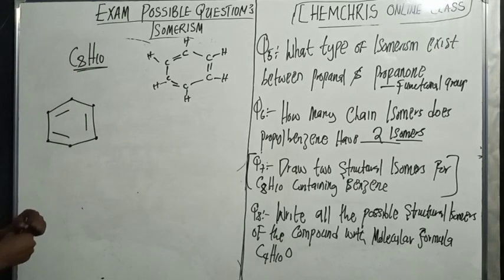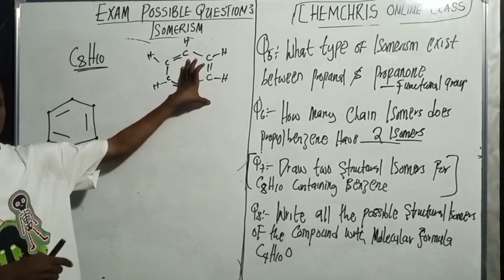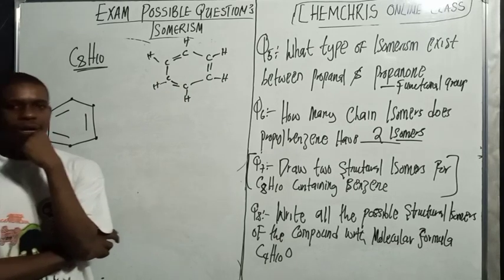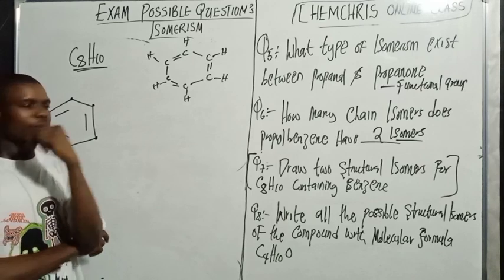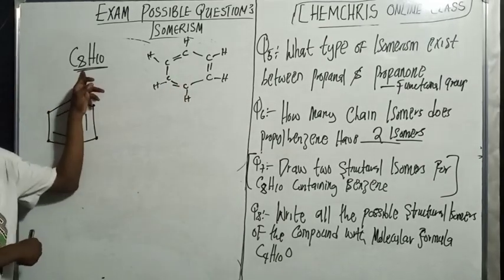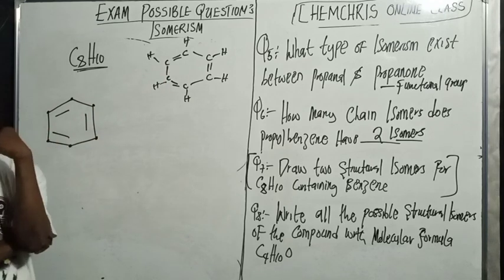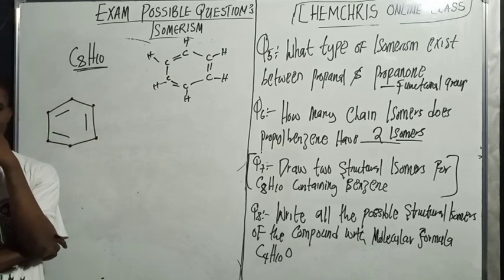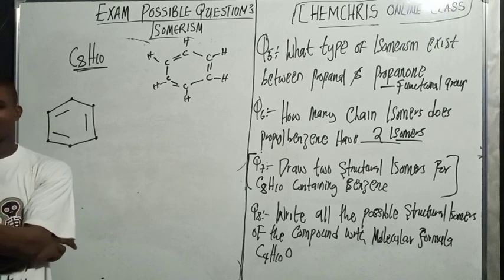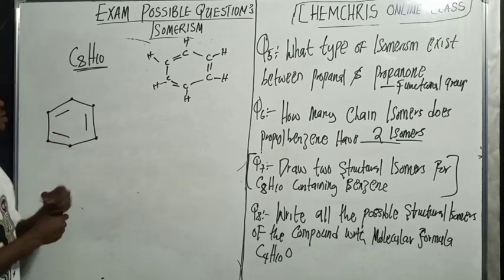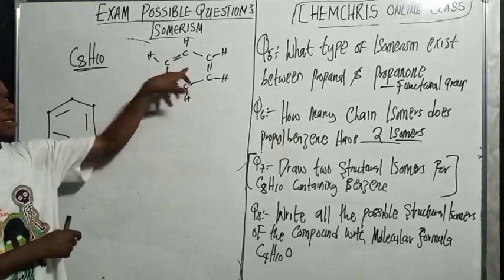C8H10, right? So if benzene contains 6 carbon atoms, how many carbon atoms do I have left? If the molecular formula is C8H10 and benzene contains 6 carbon, how many carbon do I have left? Understand?